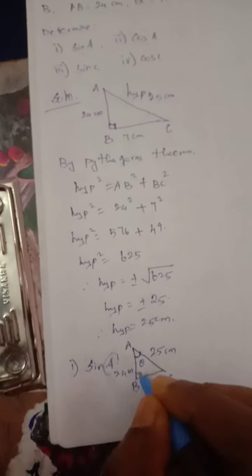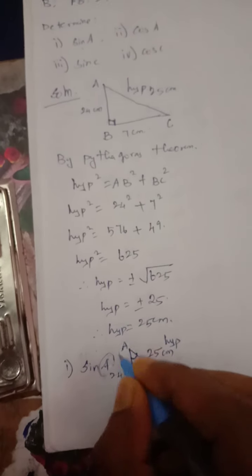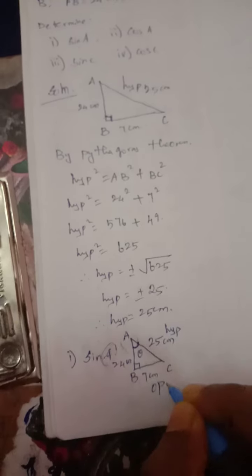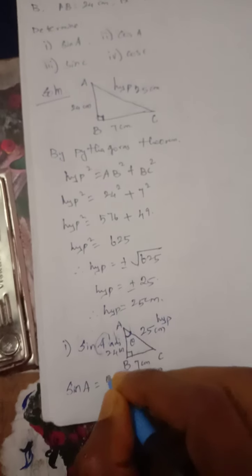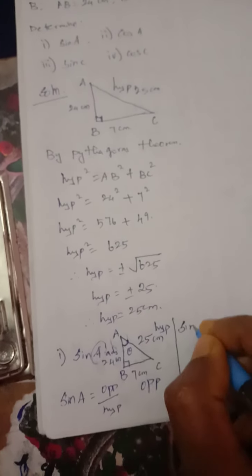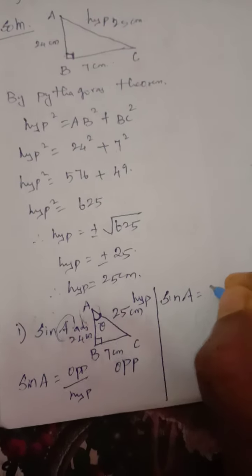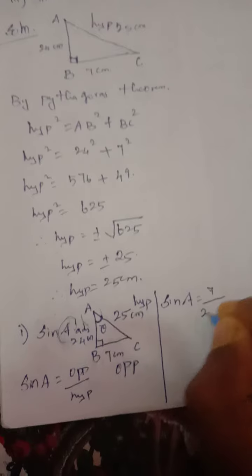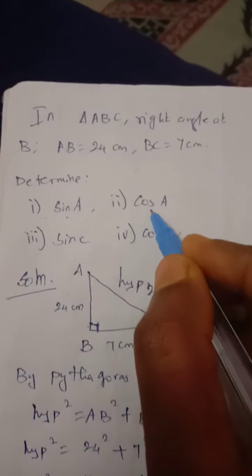The hypotenuse does not change. So if the angle is forming here, then this will be opposite, and the third side is the adjacent side. Now what is the ratio? Sin A is equal to opposite by hypotenuse. Opposite value is 7, hypotenuse is 25.